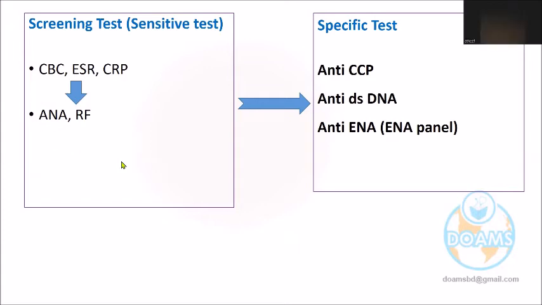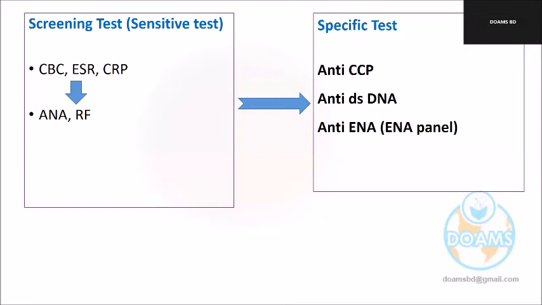It is just like tossing a coin; the coin will fall this side or that side. It depends upon you how you will plan, not all the investigations for each and every patient. So if I am confused as a doctor whether this is inflammatory disease at all or not, our investigation will be CBC, ESR, CRP.